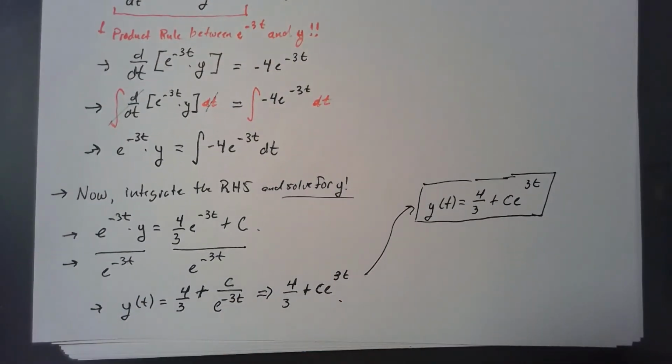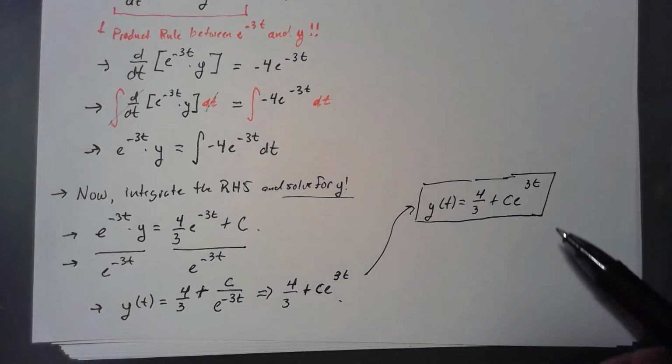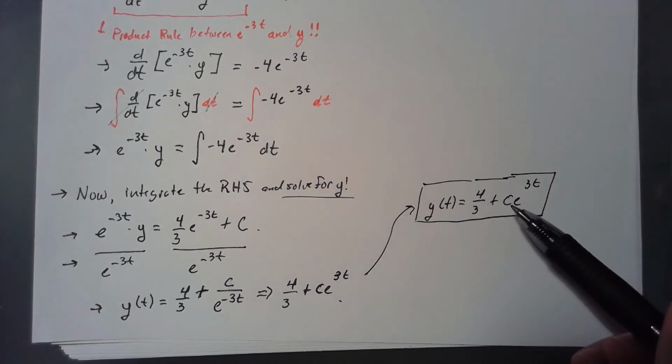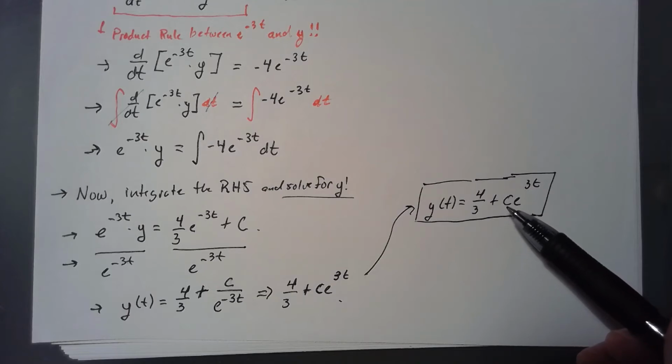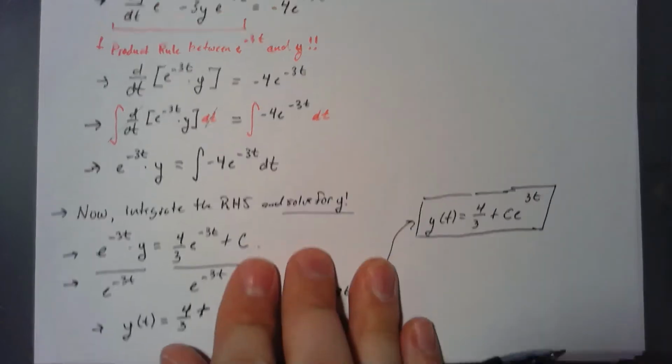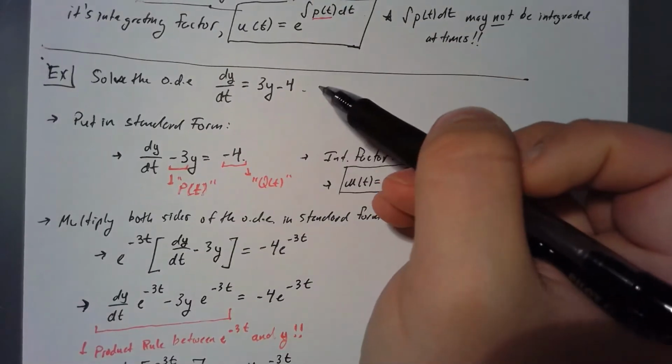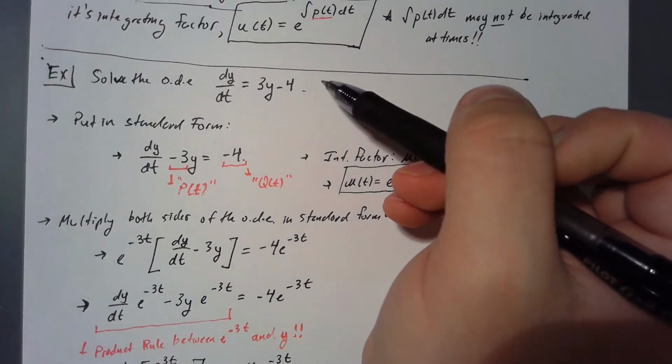Now, we are going to look at more examples of this, but I want you to realize something here. In this case, and I kind of alluded to this in the previous section, I have a constant here, c, right? C is a constant. Now, I can't find c in this case because in this problem I was not given an initial condition.